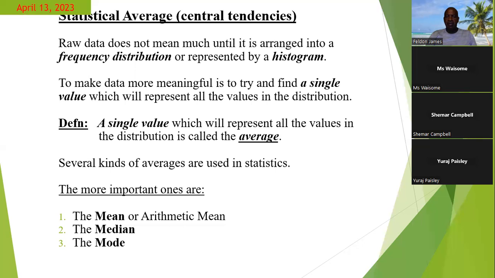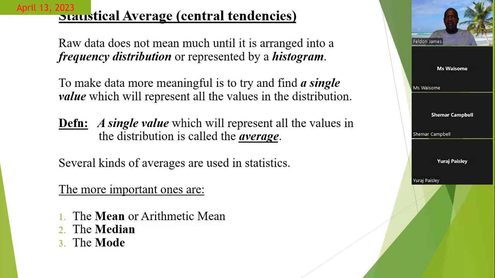The mode, the most frequently occurring value, generally would also fall within the middle. For statistical averages, we commonly use these because each of them has its own advantages and disadvantages. And these are what we may want to find. We will choose the one that best suits the particular data that we're trying to analyze.